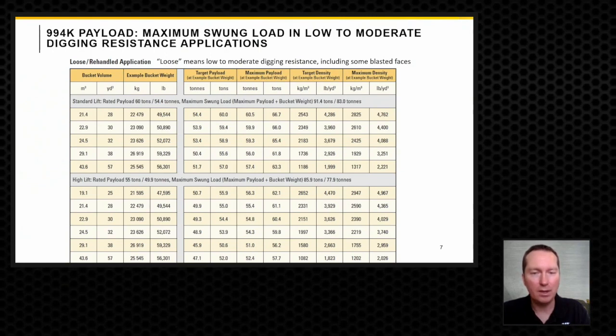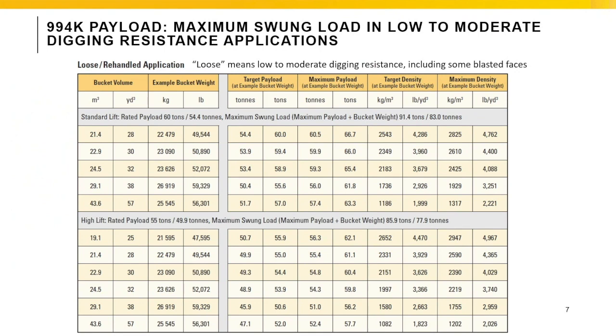So the key information in this table is the maximum swung load in the machine. And in a nutshell, what that means is you can now look at the maximum capability and subtract the bucket weight. That'll give you your maximum payload. This table uses an example of preset bucket weights. Any bucket configuration can be different.